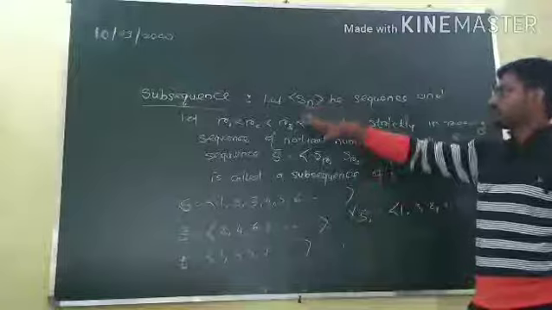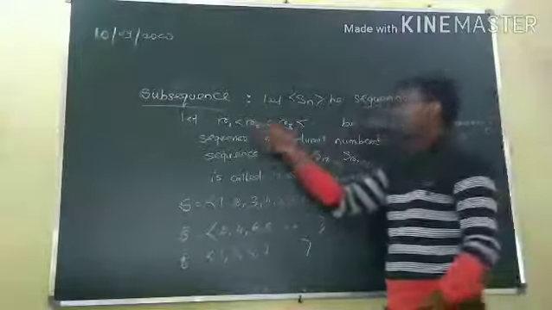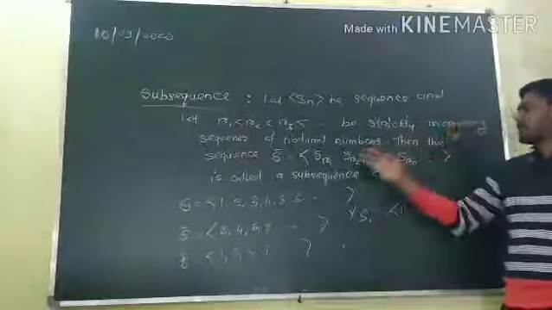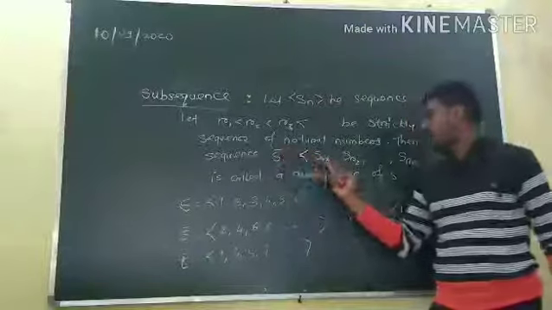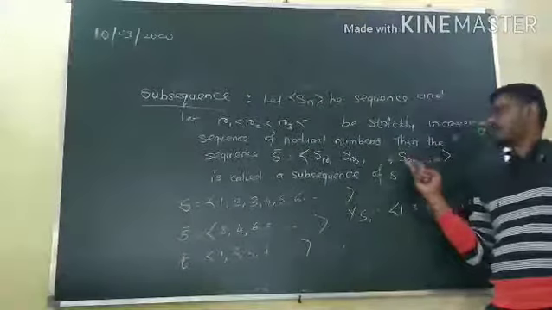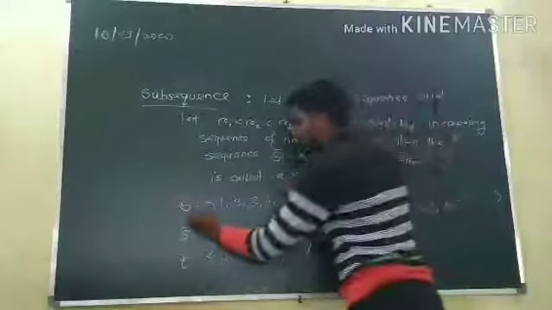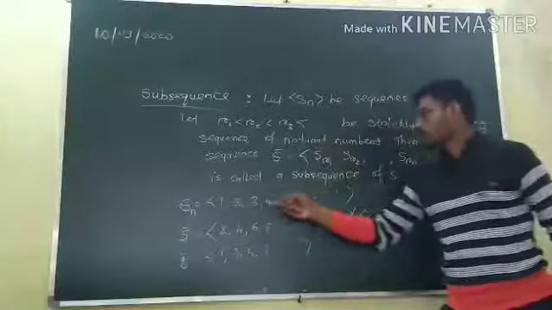So what is the definition? Let S_n be a sequence and R1, R2, R3 be a strictly increasing sequence, such that S bar is defined as S_R1, S_R2, S_R3, and so on. This becomes the subsequence. So S_n is the sequence which contains the elements 1, 2, 3, 4, 5, 6.